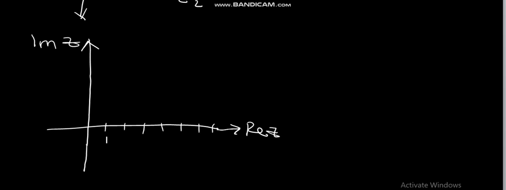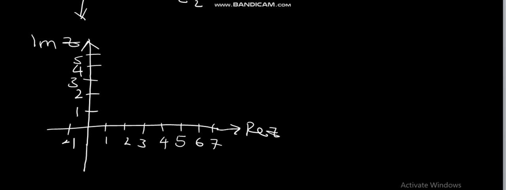You must be accurate while sketching these graphs, because we may ask you to obtain the angle between the complex numbers. So you must be accurate while sketching yours. Mine is not on scale, that's why you see me just writing my own things, but you have to plot yours accurately.